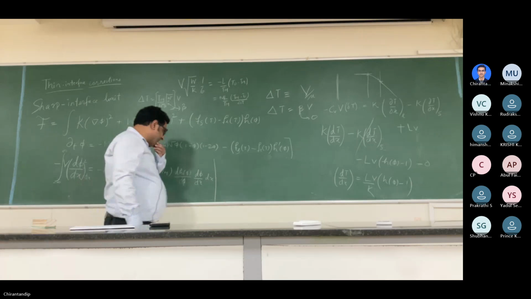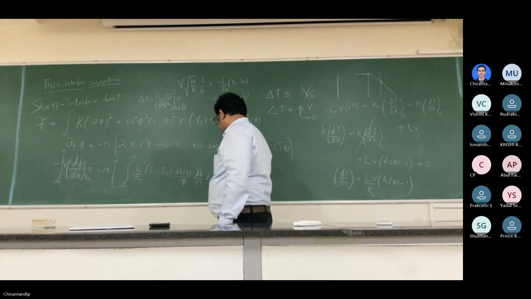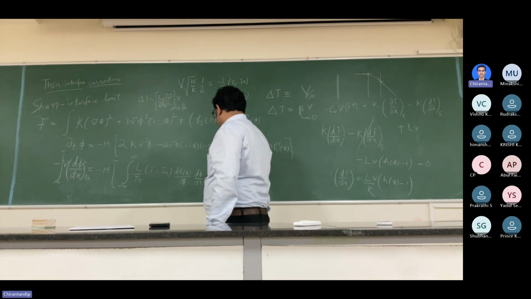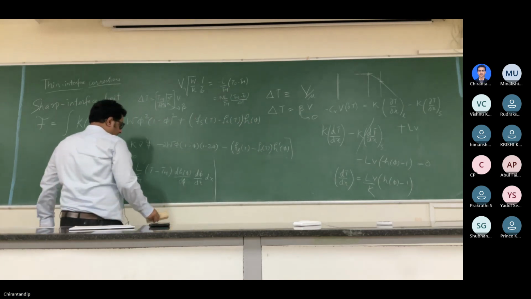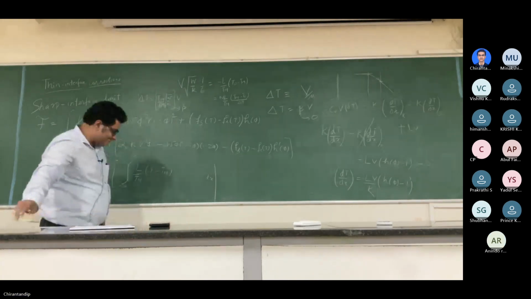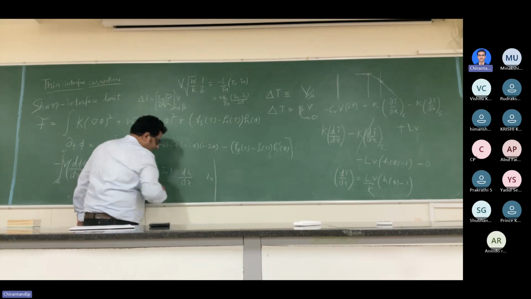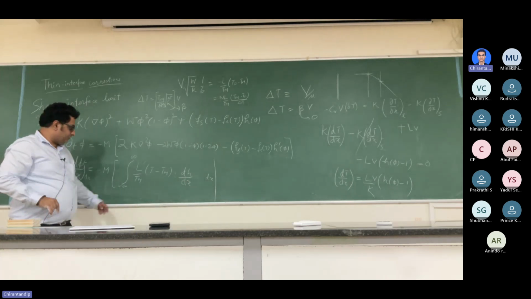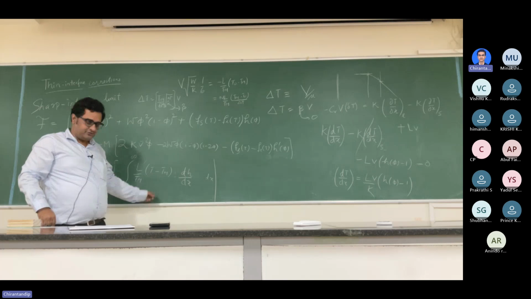Okay. Let's do that. So this is essentially dh by dx. So we will write this guy as dh by dx, dx. So we will integrate this and differentiate this one.